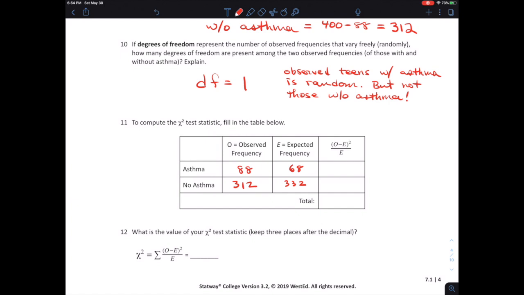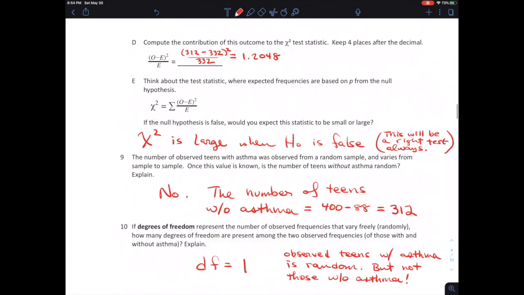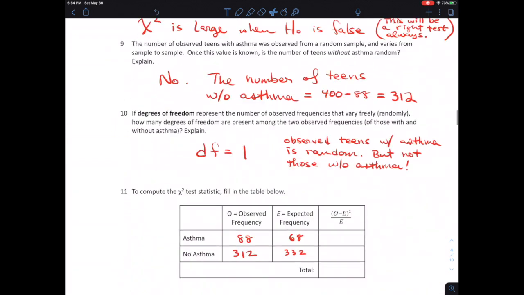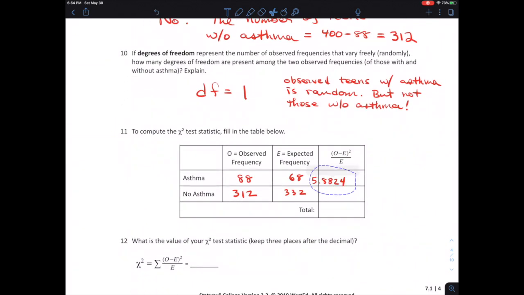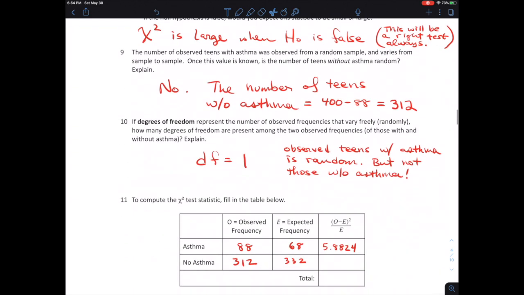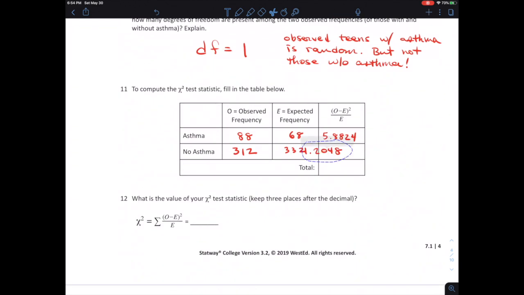And then the contribution to the chi-square statistic. The first time we did that, we got 5.8824, which I'll paste down here. And for the kids without asthma, the contribution to the chi-square statistic was 1.2048, which we'll paste down. Then we have to add that up.